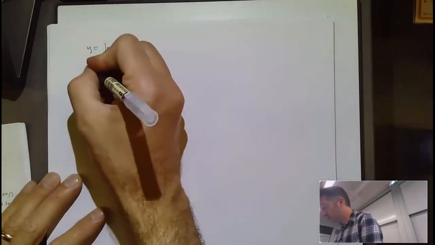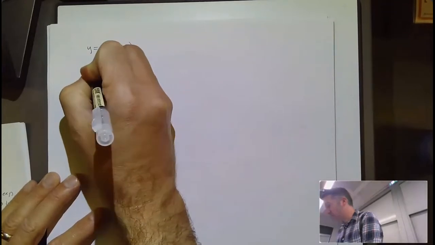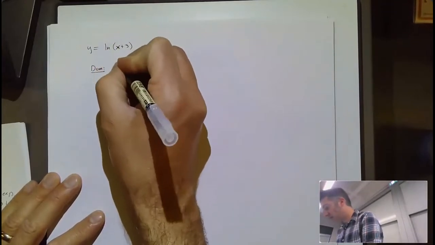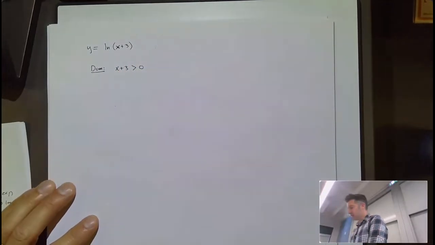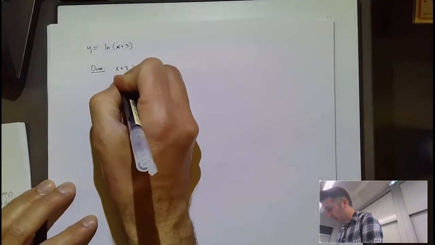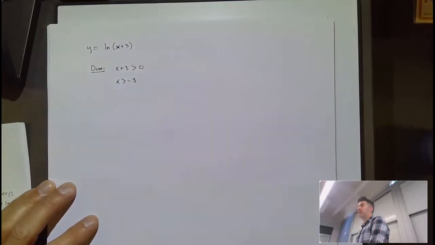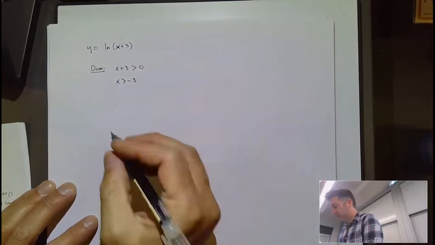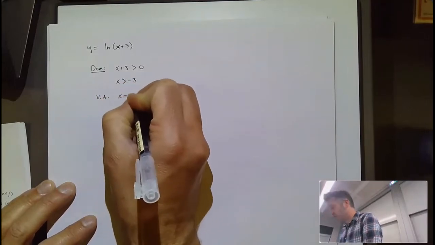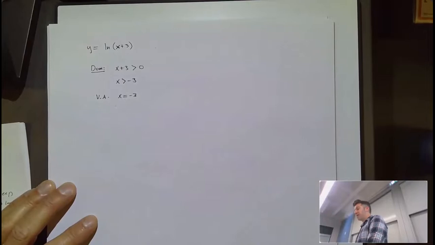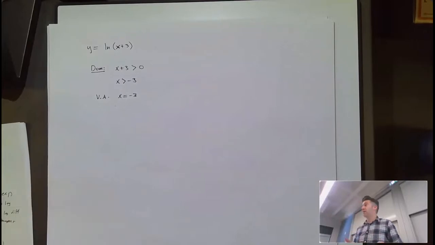So here, I know that the insides of a logarithm have to be positive, which means in this case, x has to be greater than -3, which also means my vertical asymptote is going to be where x is equal to -3. It's kind of the place where if you plugged in that number for x, you would be trying to take the natural log of 0.